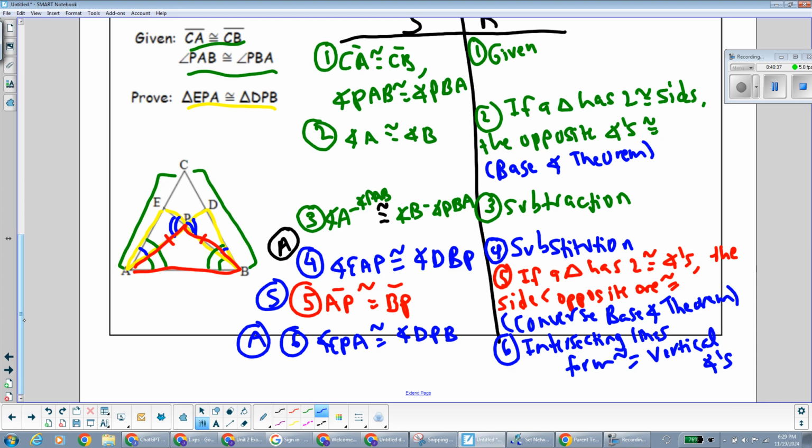And then finally, of course, we end our proof with what we're trying to prove, now that we have the information in our proof that we need to prove the triangles congruent. And just like our plan stated, we show that by ASA.